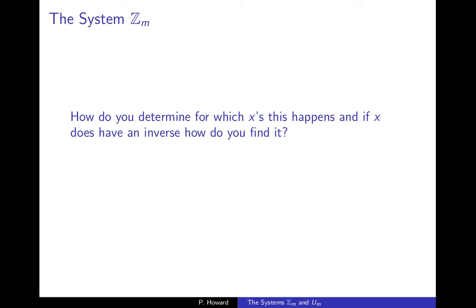And now we want to look at the question of how you determine the x's for which this happens. And if it does happen, if x does have an inverse, how do you find the inverse? So we're going to look at those two questions.